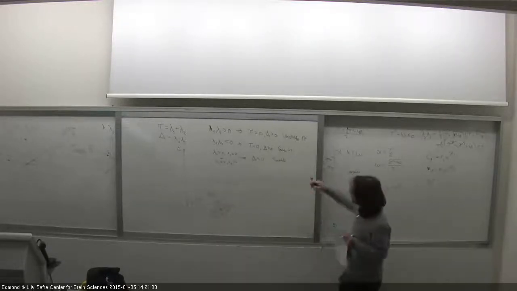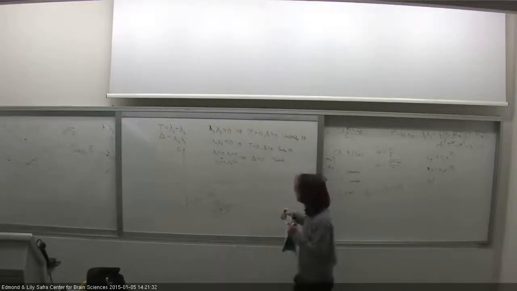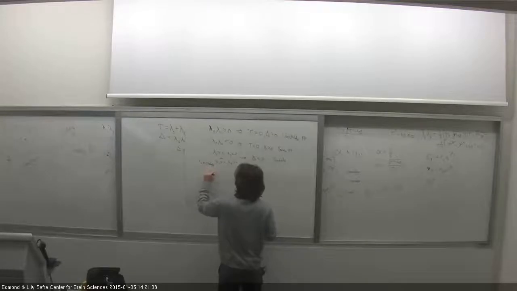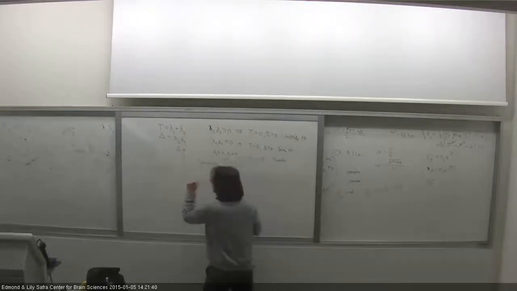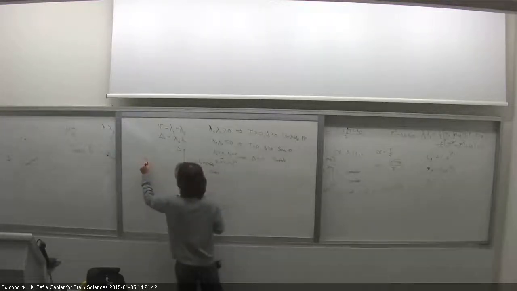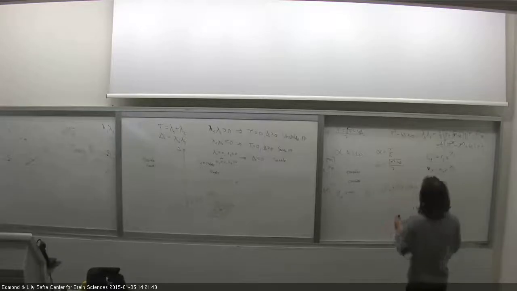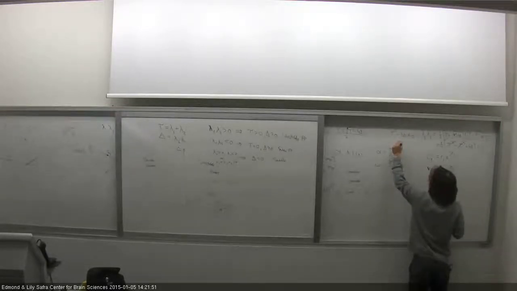Now, for positive delta, a positive tau gives you unstable fixed points. We'll write unstable nodes. A negative tau gives you stable nodes. And we already had a condition here, right?